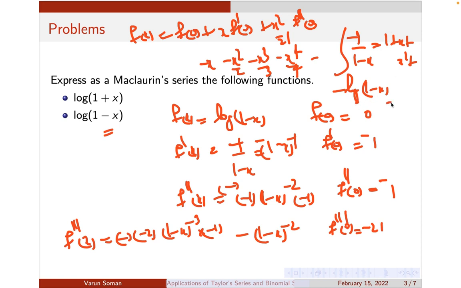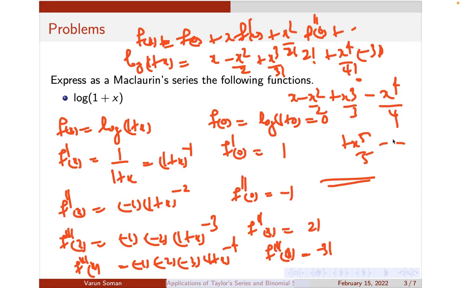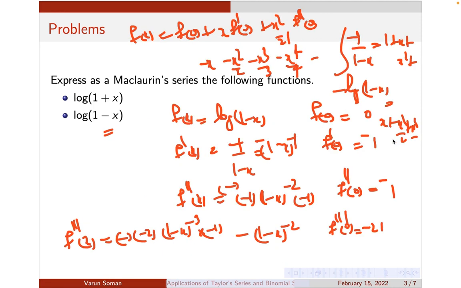That is obtained by integrating this quantity, which is x plus x square by 2 plus x cube by 3. So the expansion of log 1 minus x would be, you take the negative sign here, minus x square by 2 minus x cube by 3, etc. Through that method also you can do it. So you can either employ the direct method or easier methods also.